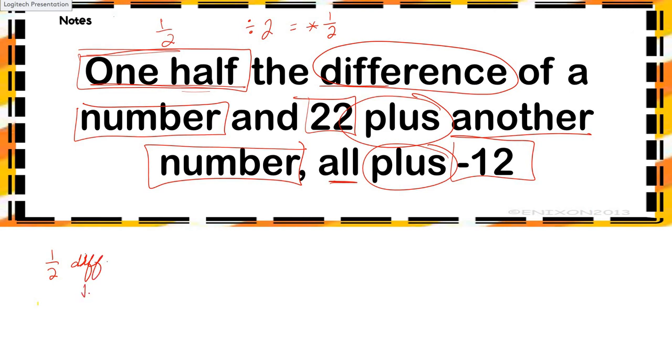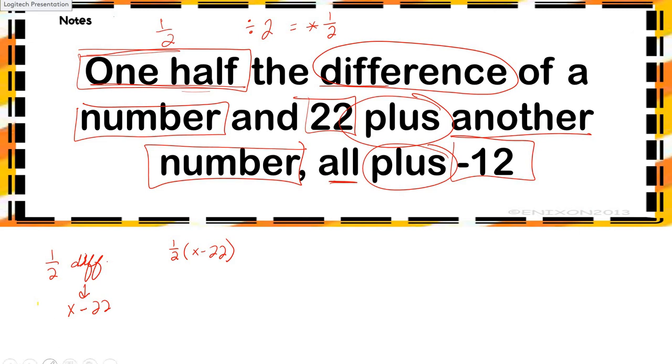And the difference in this case is the difference between a number, and I'm going to just choose x, and 22. So I want 1/2 of this. So I'm going to put the difference inside of parentheses to make sure that it happens first. And then I have my 1/2 on the outside of that. Whenever you have a number connected to parentheses, that means multiplication.